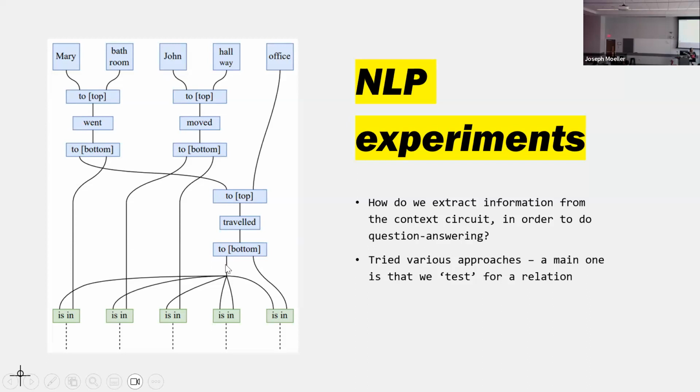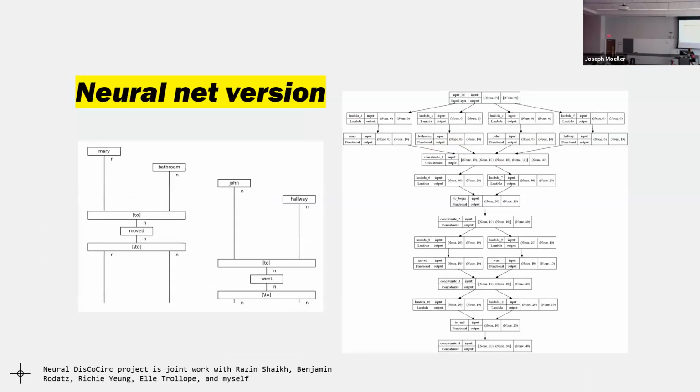If you want to know where is Mary, you basically feed the Mary wire into these boxes and then check it against every other wire to see if Mary is in the bathroom or in the hallway. The result of this measurement, which I've depicted as the dotted lines here, will just be some probabilities, for example. And then to get the answer, you just take the argmax of those probabilities. So that's one way that we've dealt with that.